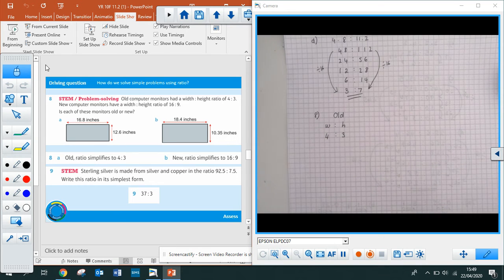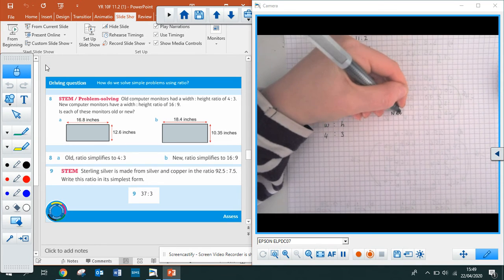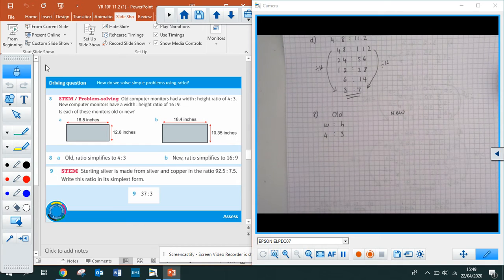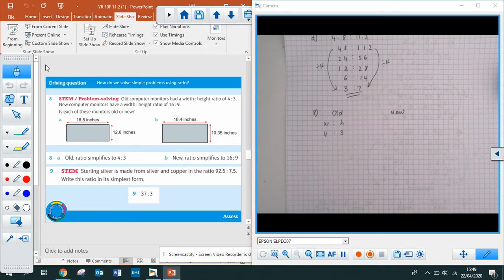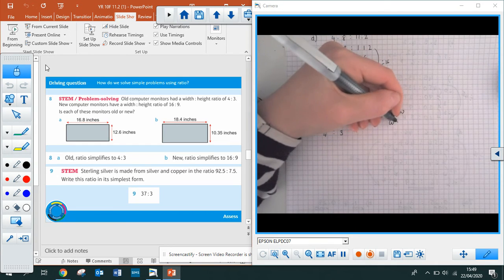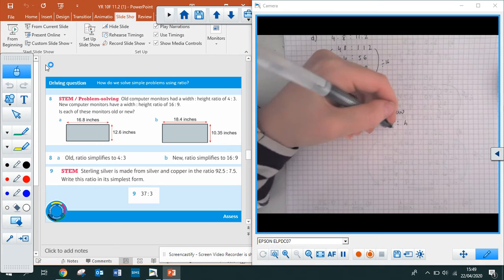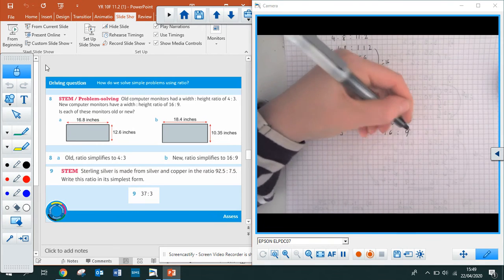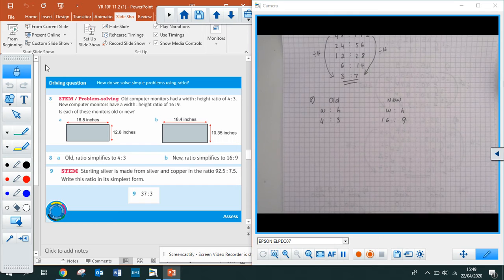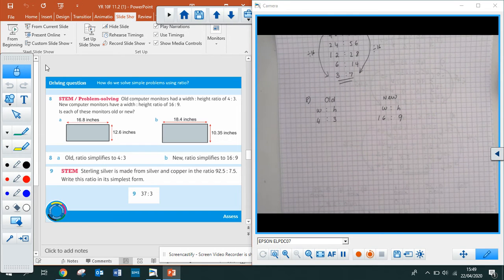Okay, new computers, so over here I'm going to write new. They had a ratio of width to height of 16 to 9. So I've just written out the information the question's given me so far. Then it says to you, is each of these monitors old or new?